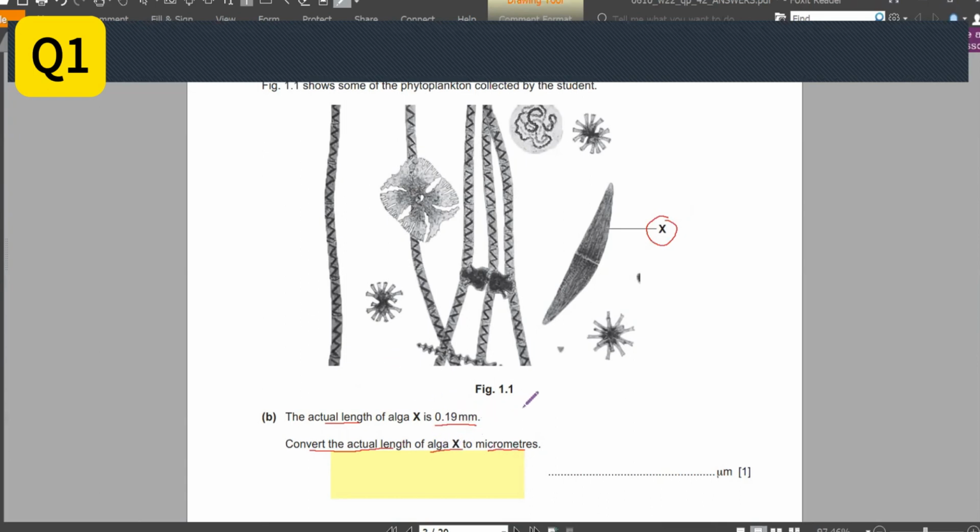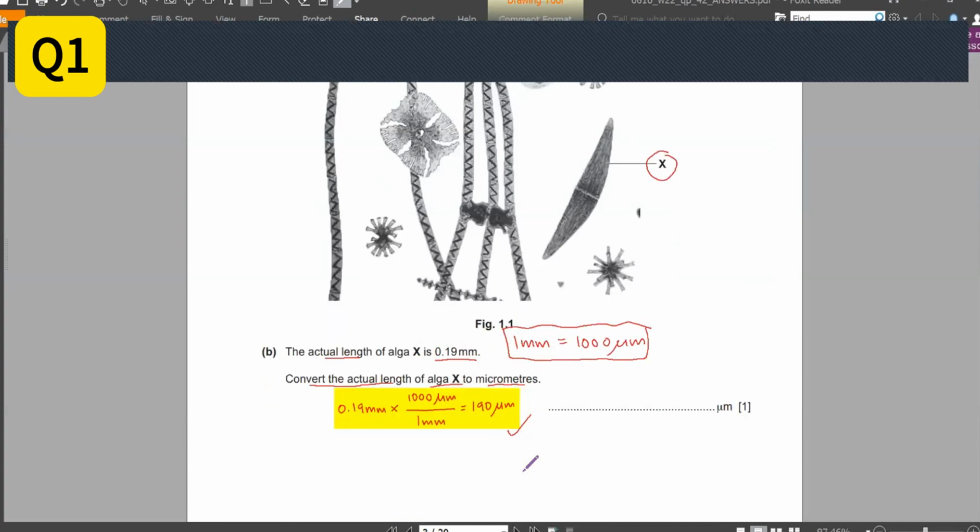This is quite straightforward. We need to know that 1 mm equals 1000 micrometers. So we can finish the calculation: 0.19 mm multiplied by this conversion factor, 1 mm equals 1000 micrometers. Completing the calculation gives us 0.19 mm equivalent to 190 micrometers.